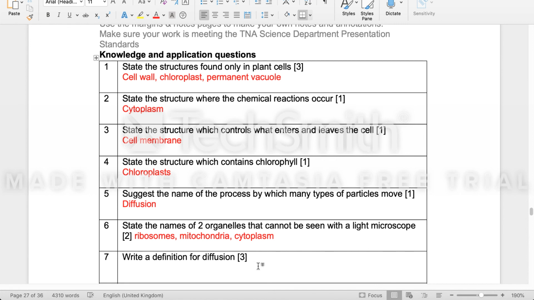Number 7, write the definition for diffusion. So you can take this straight from the area up top, but basically I'm going to write it out in ways that you can hopefully understand a bit better. It is the spreading out of particles from high concentration to low concentration. I'm hoping that you remember the phrase high concentration to low concentration, right?